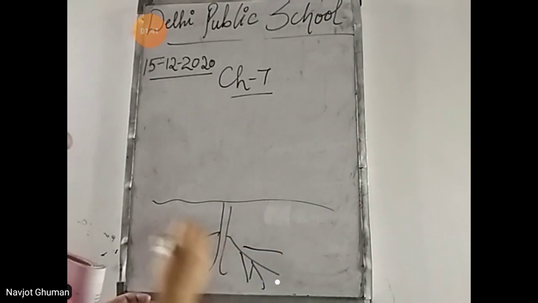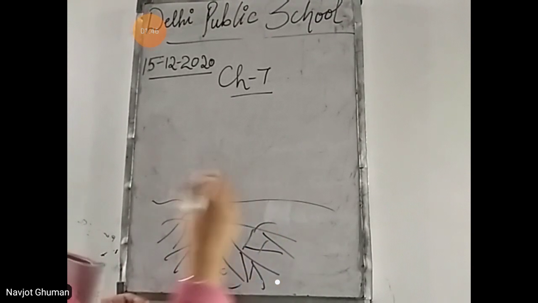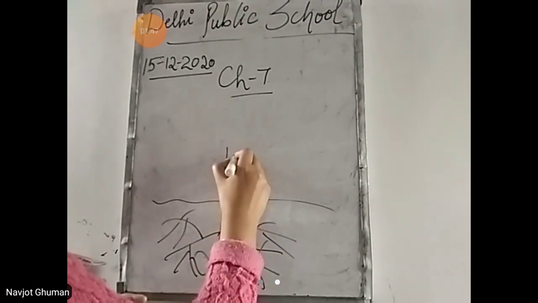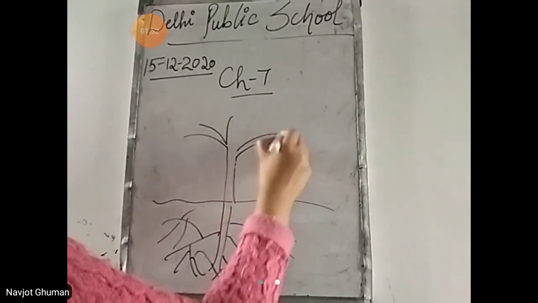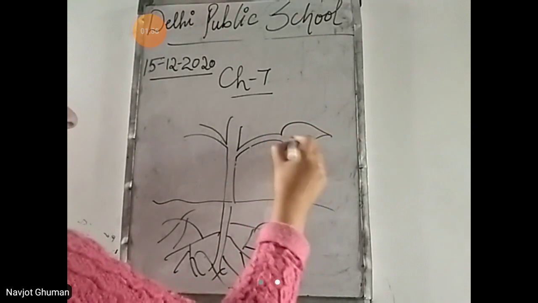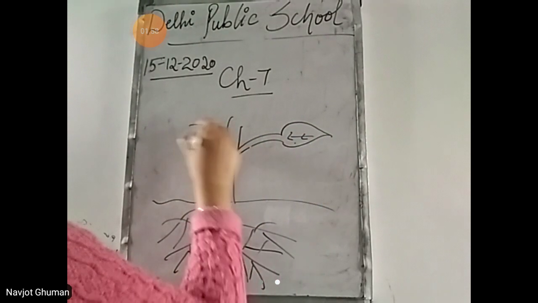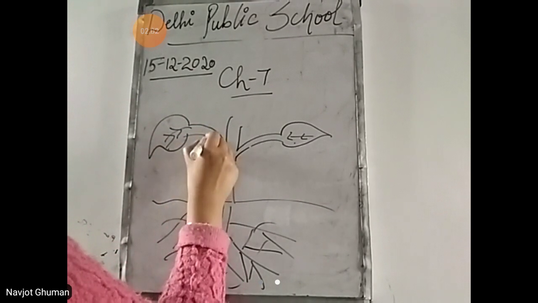These are the roots that are below the ground. Then comes your shoot that is above the ground.